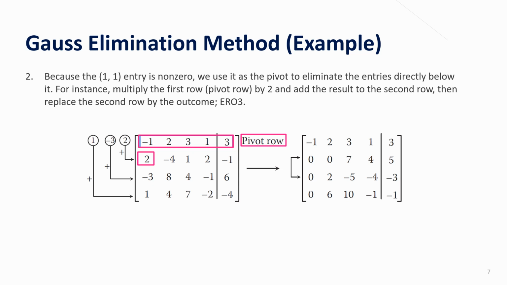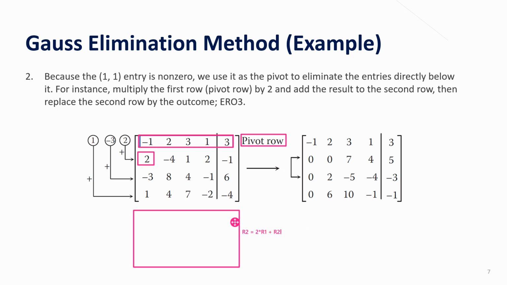So I will write it here. The value of row 2 will be equal to 2 multiplied by row 1 plus the previous value of row 2.